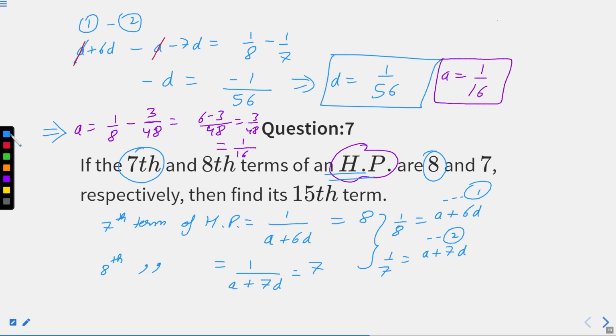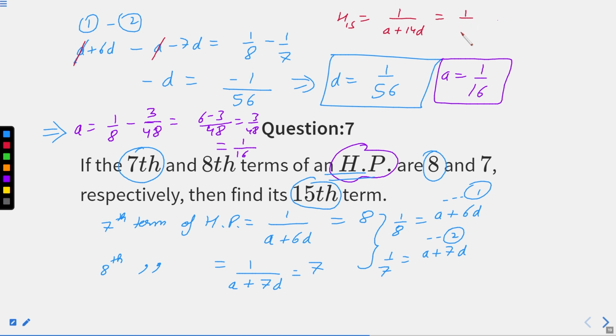Now we have to find the 15th term. So the 15th term will look like this. H15 equals 1 upon A plus 14D.